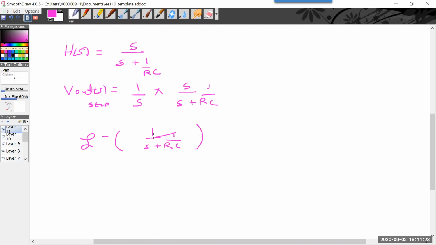We take the inverse of this function. Again, you have to put in the u(t) there.